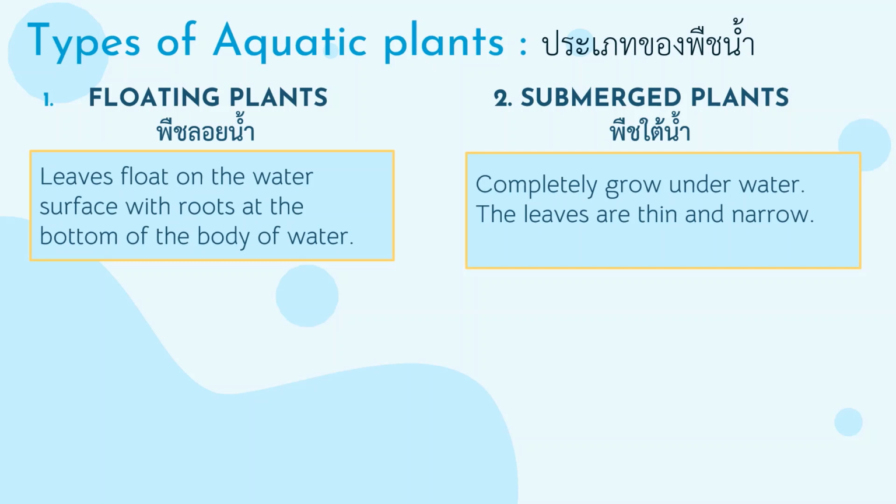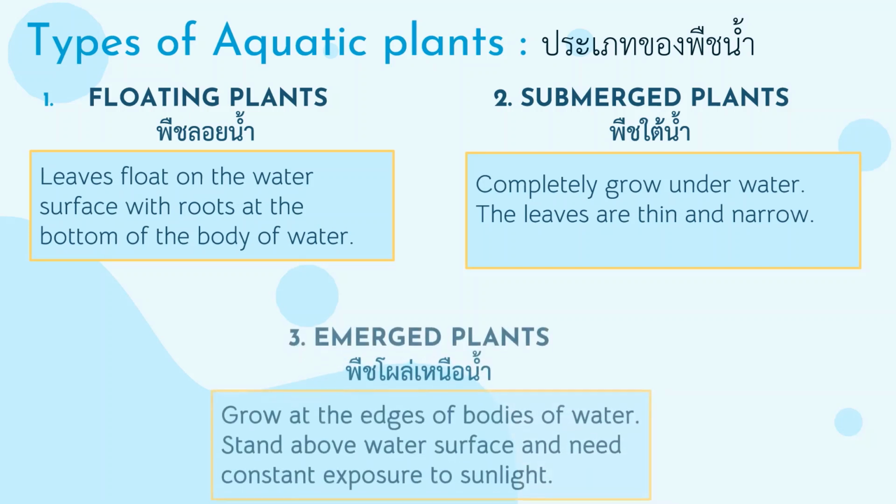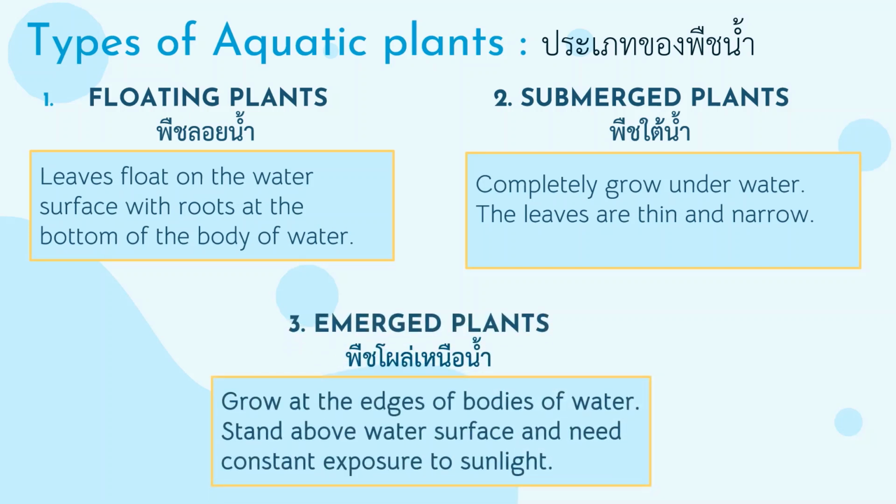Completely grow underwater. The leaves are thin and narrow. Number 3. Emerged plants. Grow at the edges of bodies of water. Stand above water surface and need constant exposure to sunlight.